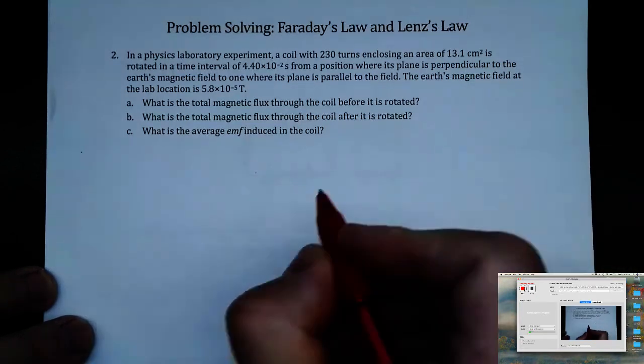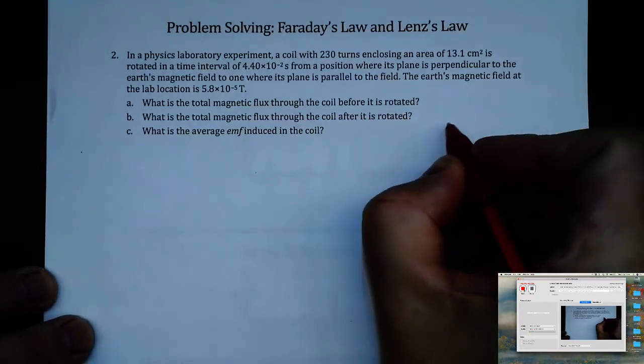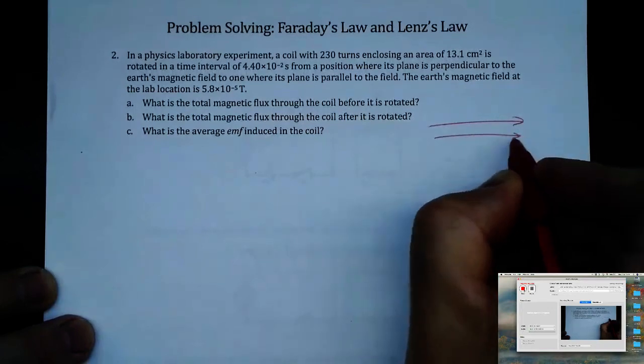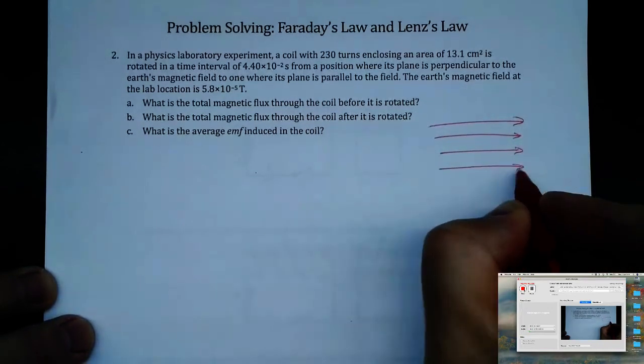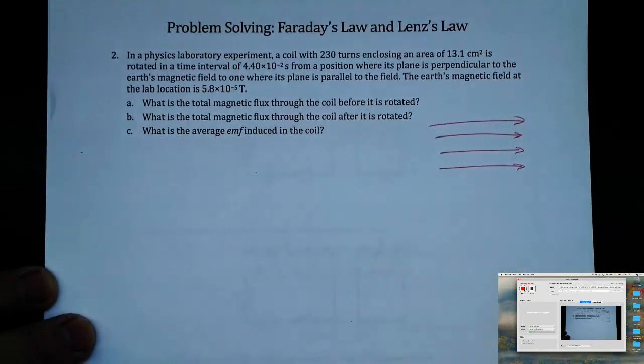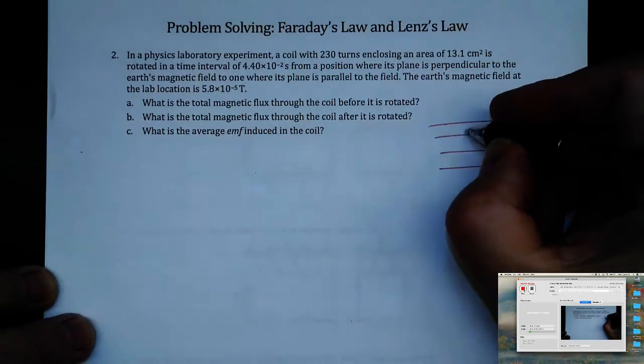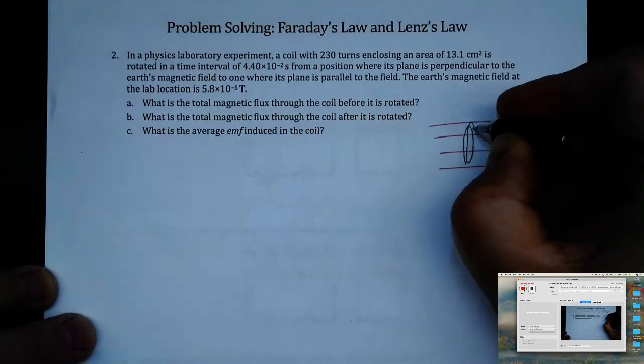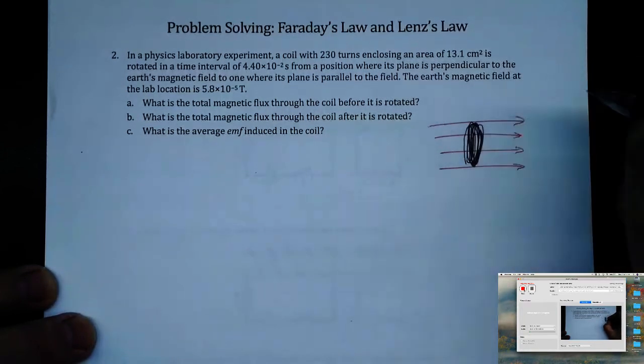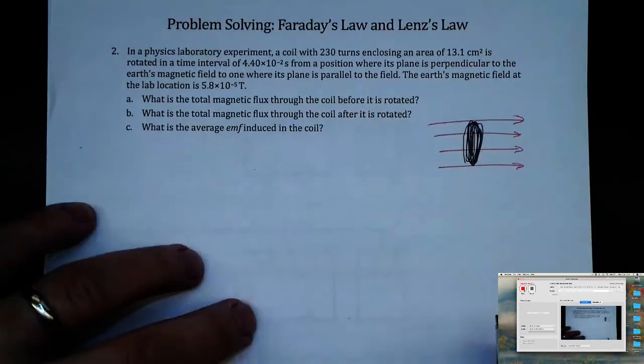So what's happening in this particular situation is we're going from an orientation, if this is Earth's magnetic field, I start out with my coil with the plane perpendicular to that. So here, and I'm not going to try to draw 230 turns of my coil, but something like this.